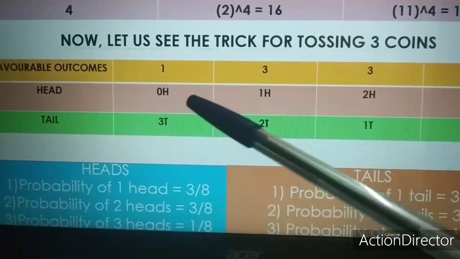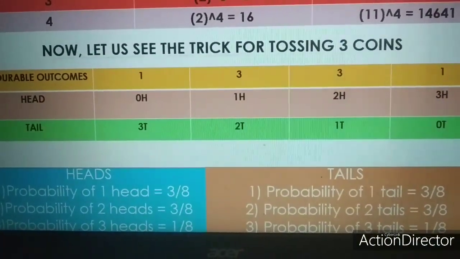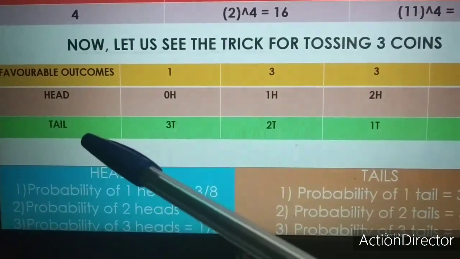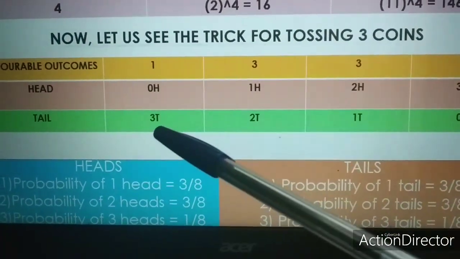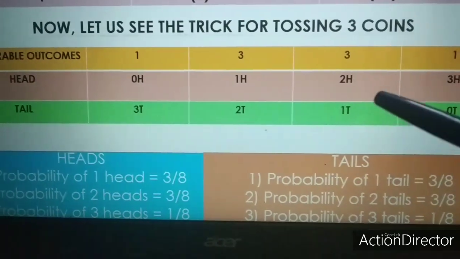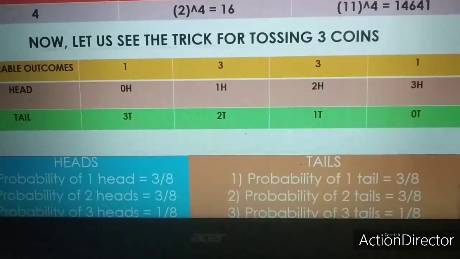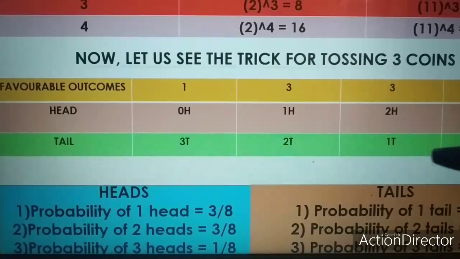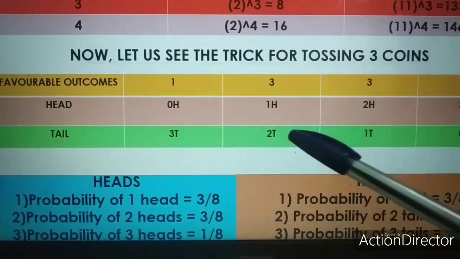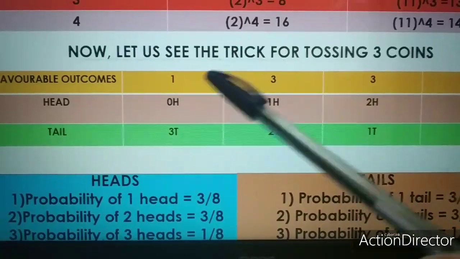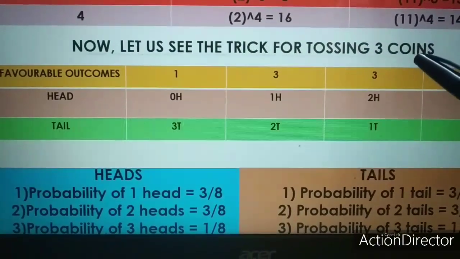First I will be writing 0 head, 1 head, 2 head and 3 head. Third row I will be writing tail. Tail is written in descending order, that is 3 tail, 2 tail, 1 tail and 0 tail. Now let us try to answer the question by using this trick. This table I have made for tossing 3 coins, so you should remember.